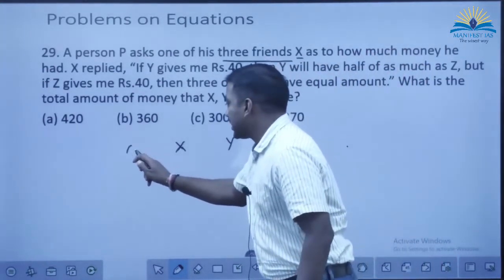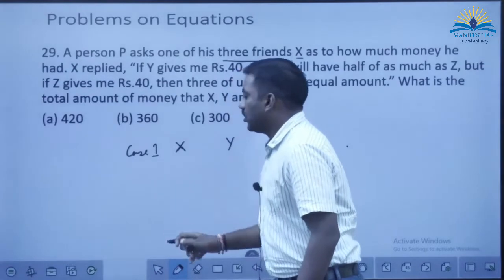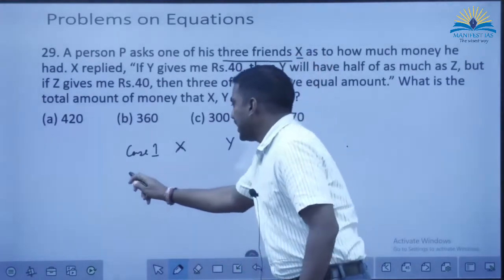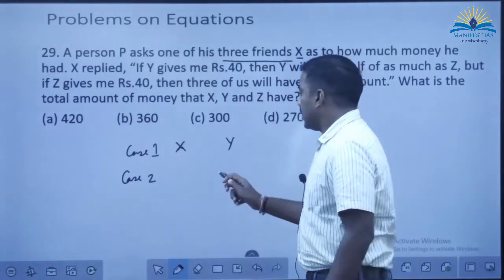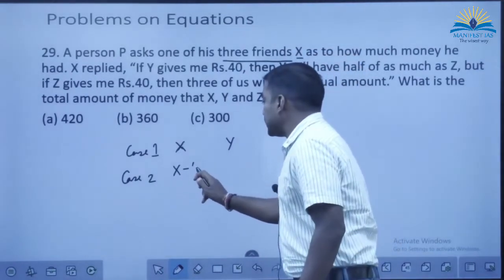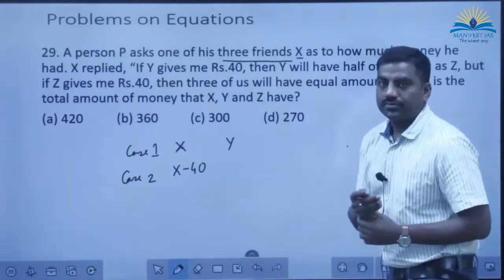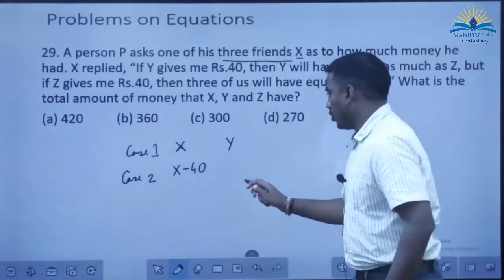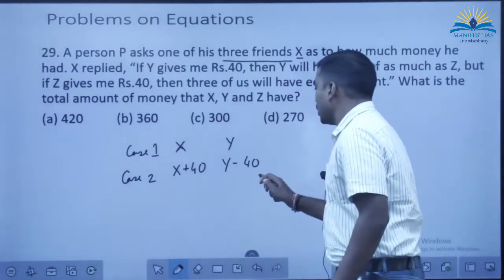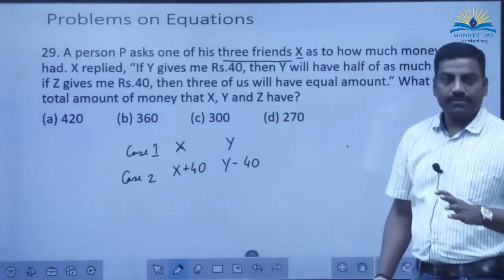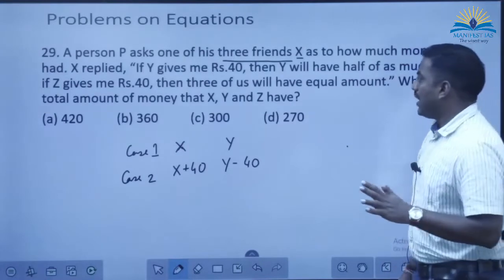So let us take this as case 1 without any exchange. Case 2 is this, where X is getting 40 rupees extra, correct? And Y is losing 40 rupees. Then what will happen?